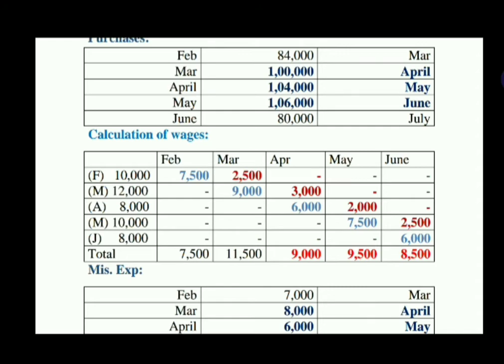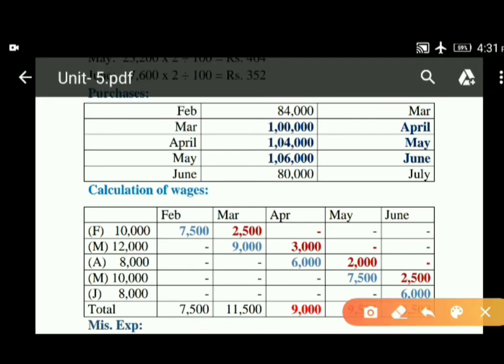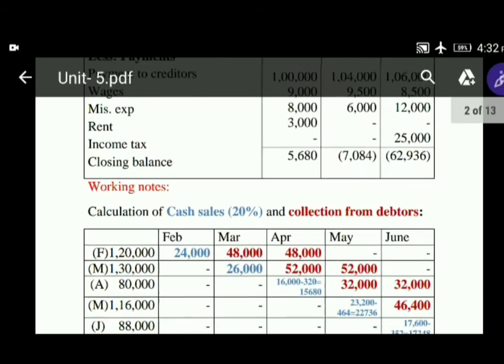These are the purchases for the months as per the given problem: February, March, April, May and June. February 84,000, March 1 lakh, April 1 lakh 4,000, May 1 lakh 6,000 and June 80,000. So what is the adjustment for the purchases?